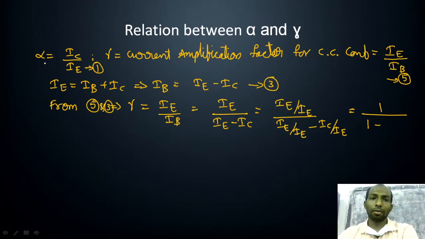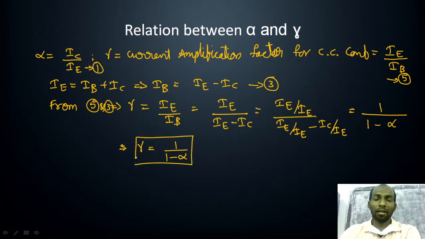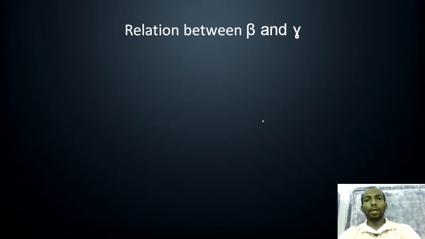Sorry, from equation 1, IC by IE is alpha. So gamma is equal to 1 by 1 minus alpha. This is the relation between alpha and gamma. Let us consider this as equation 6. In the next slide we will see the relation between beta and gamma.